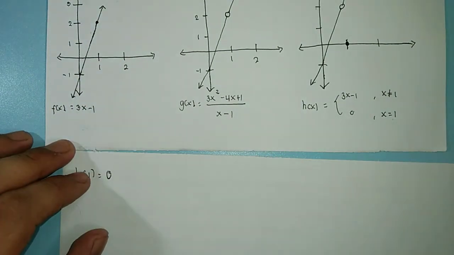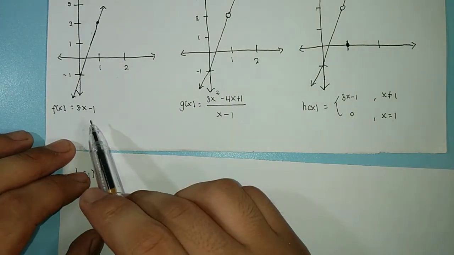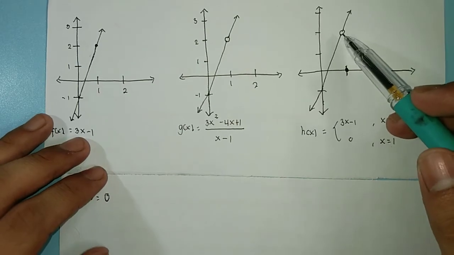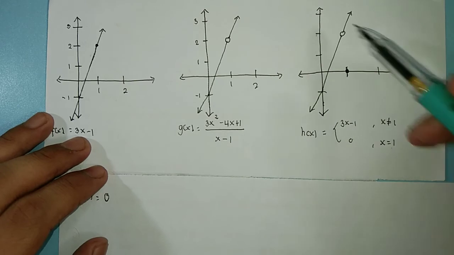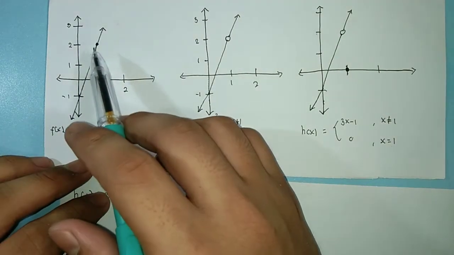So ibig sabihin, itong h of x ay identical din sa f of x except at x equals 1. So dito sila nagkaiba kasi dito yung h of 1 natin ay hindi pareho dito sa f of 1. Okay?